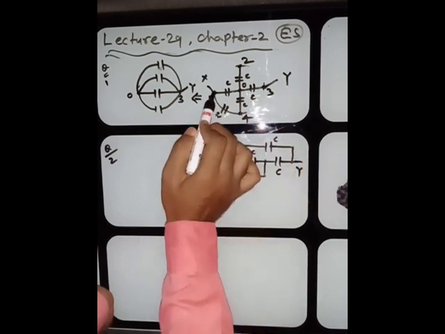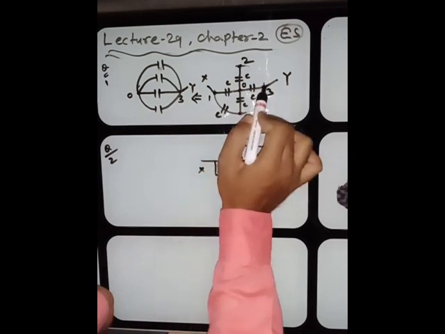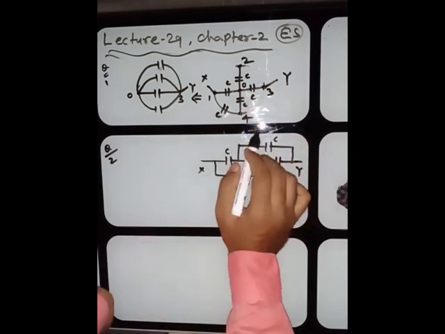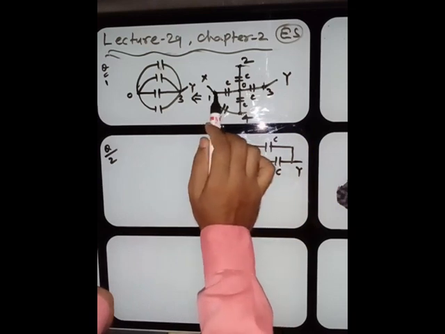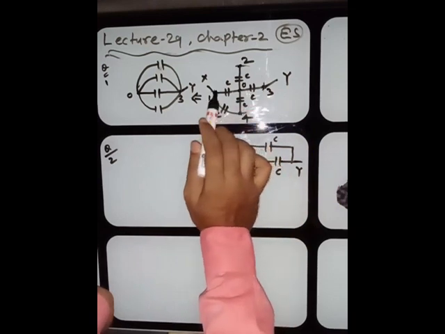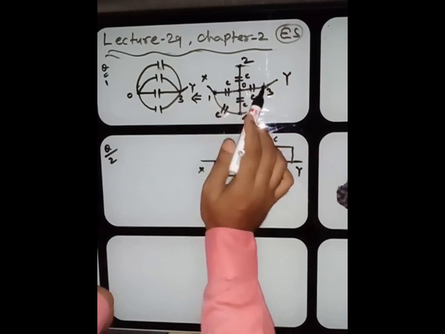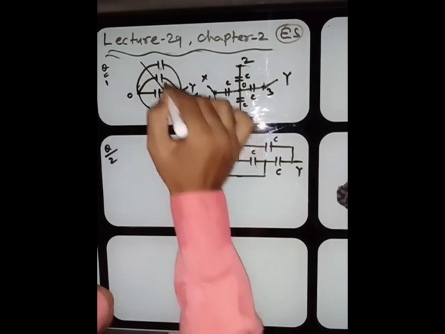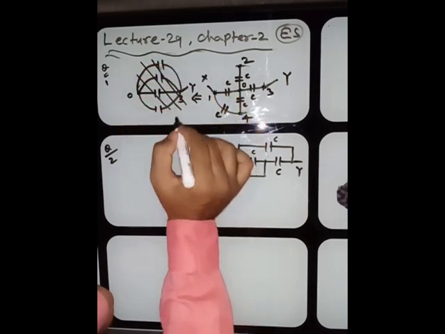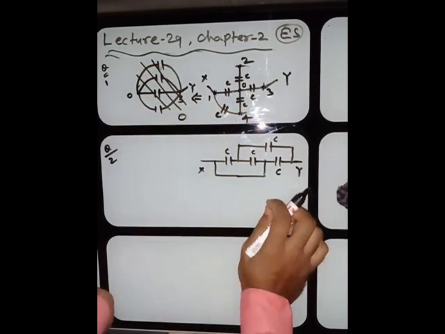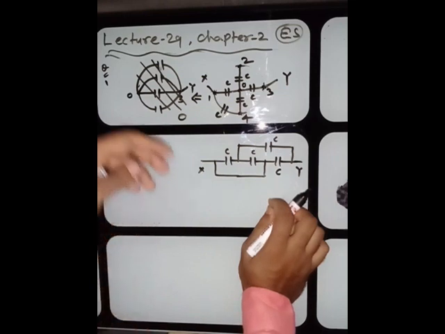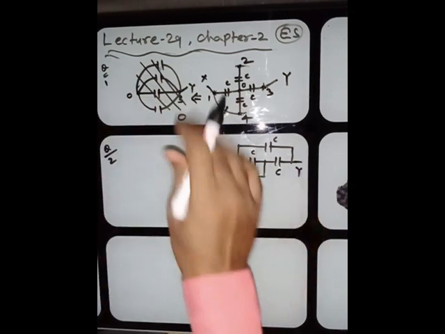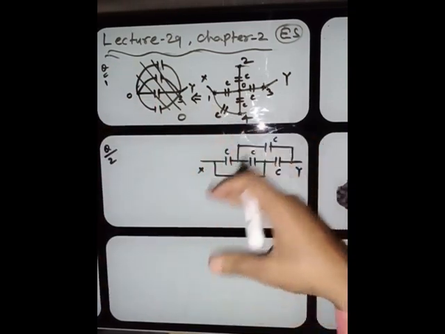It means 1 and 4 have gone to 3, and this capacitor will drop off. 1 goes to point 3, and 3 and 1 are the two terminals. It means there is no potential difference between 1 and 3, so the net capacitance will be how much? It is 0.